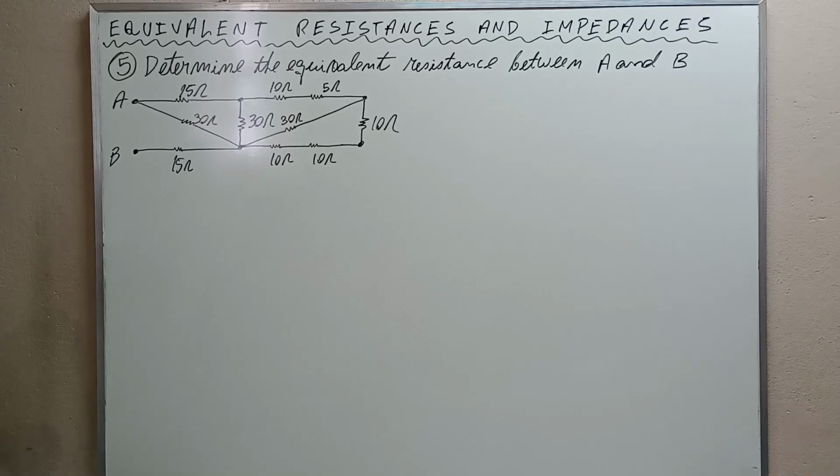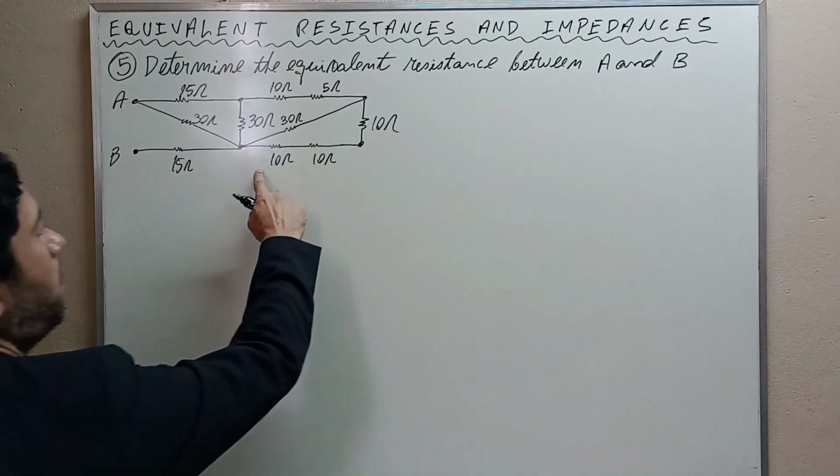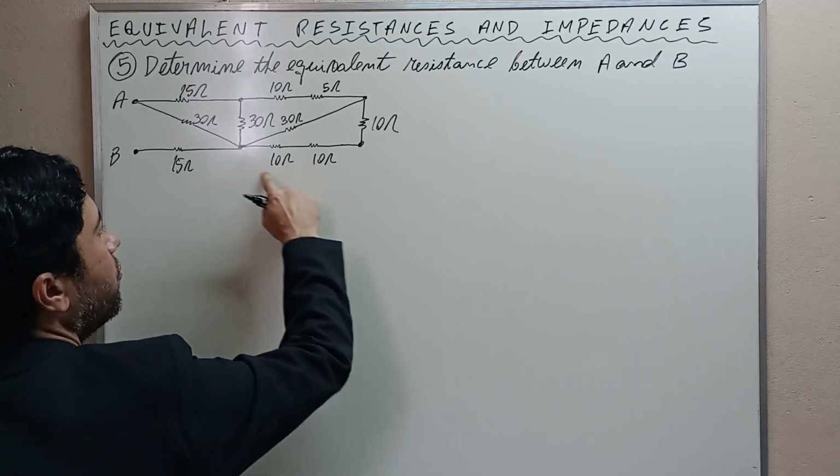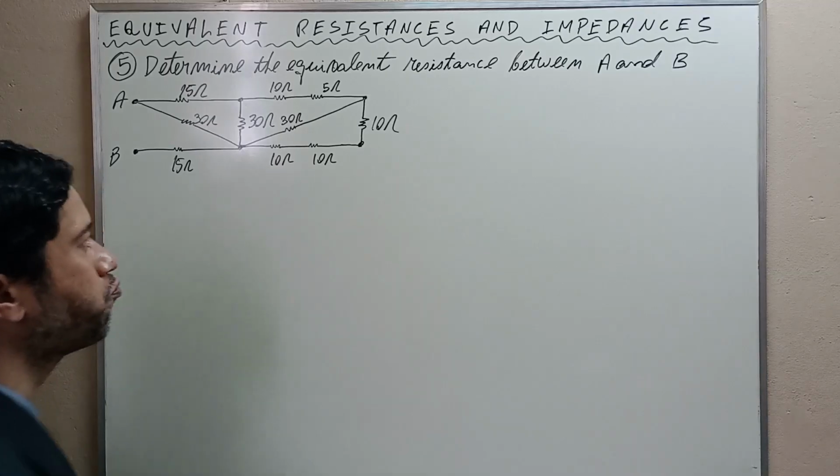To determine the total equivalent resistance, we will combine resistances in series and in parallel from right to left until there is only one resistance. Observe at the far right, there are 3 10 ohms resistances in series here.